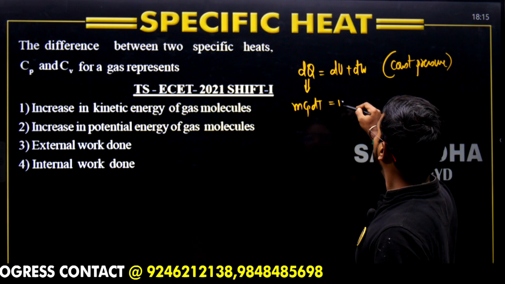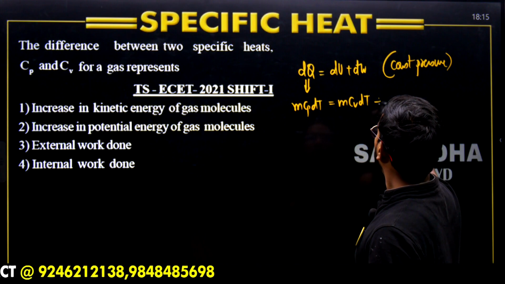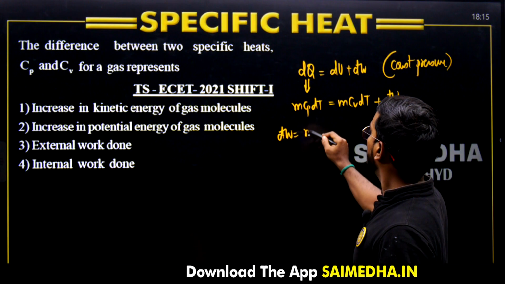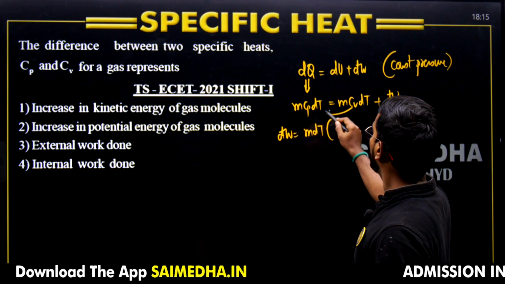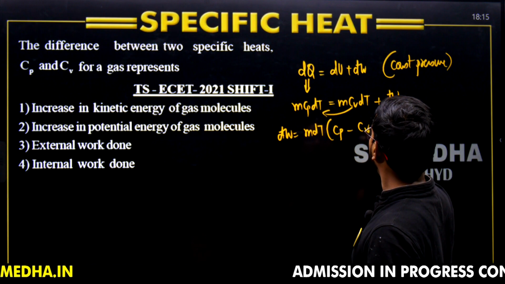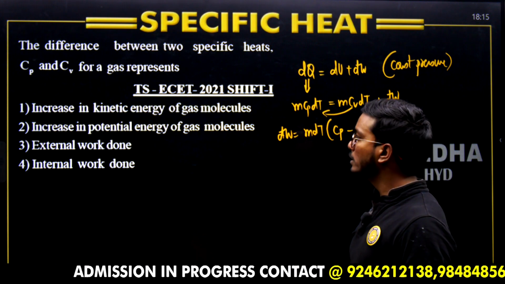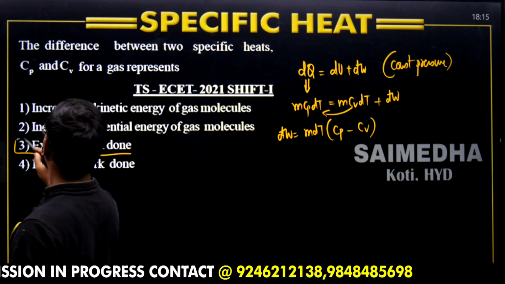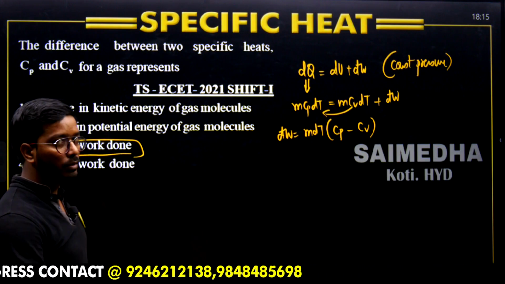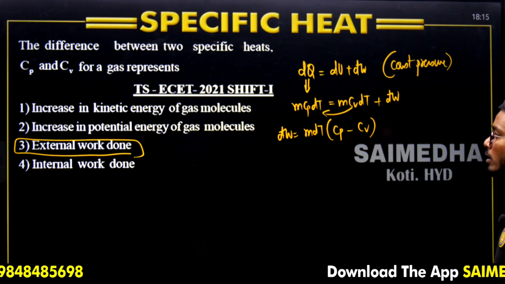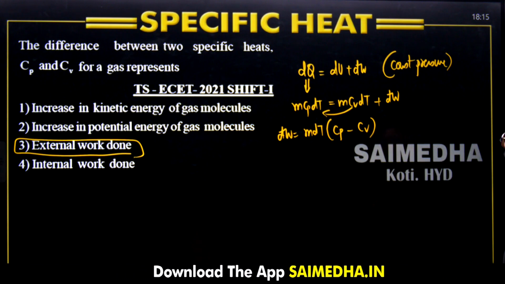This formula is m into Cv into dt plus dw. If dw is equal to m into dt taken common, this will go to the left hand side. This is Cp minus Cv. So this Cp minus Cv usually indicates external work done. Cp minus Cv is going to give you R, per unit mass, per unit change in temperature. It is giving us the work done formula, Cp minus Cv.